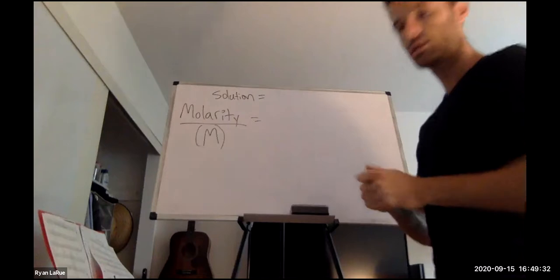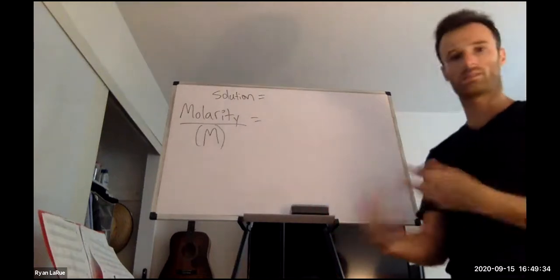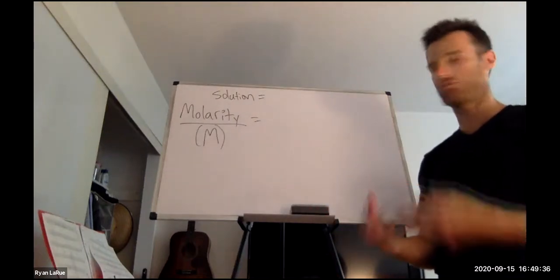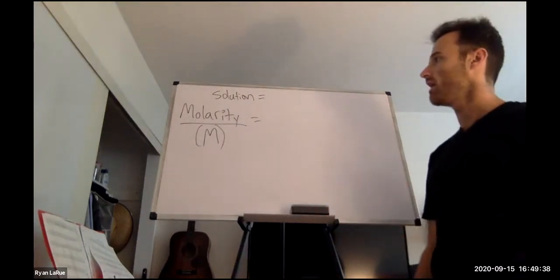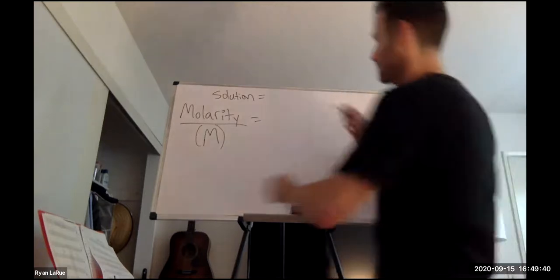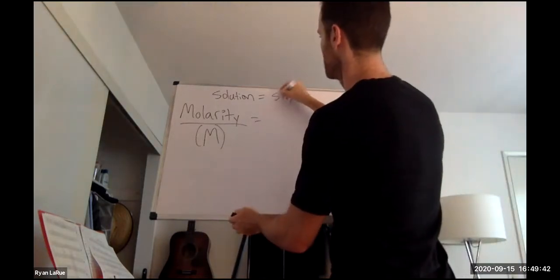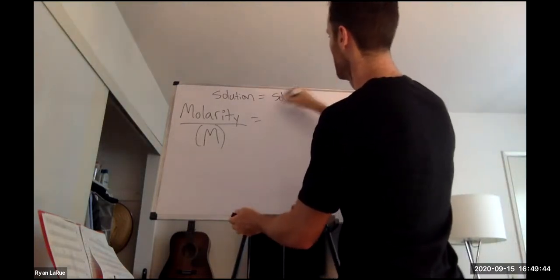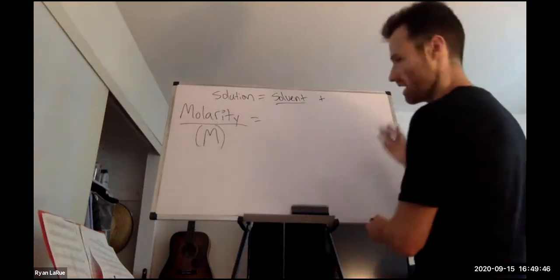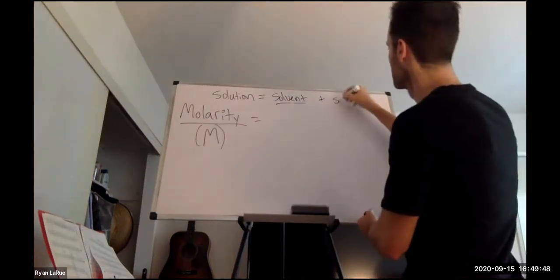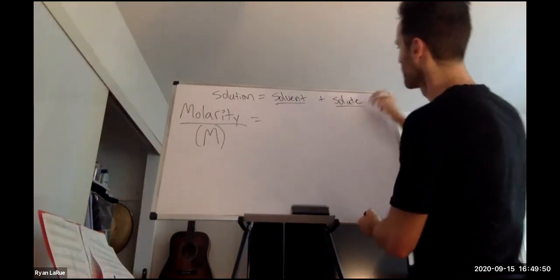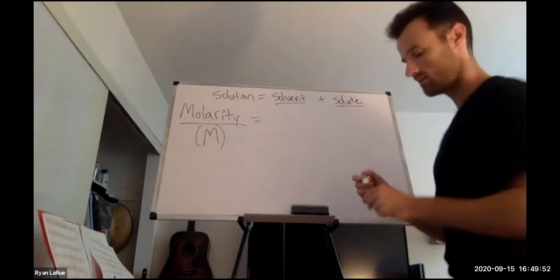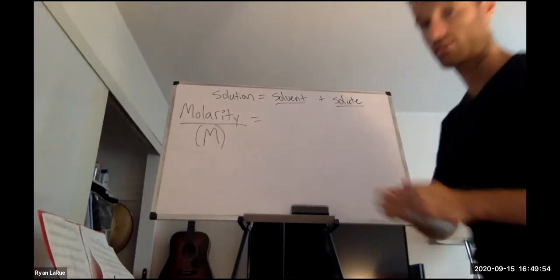A solution of substances in liquid form is what we call it when we combine something called a solvent and something called a solute. You get a solution.